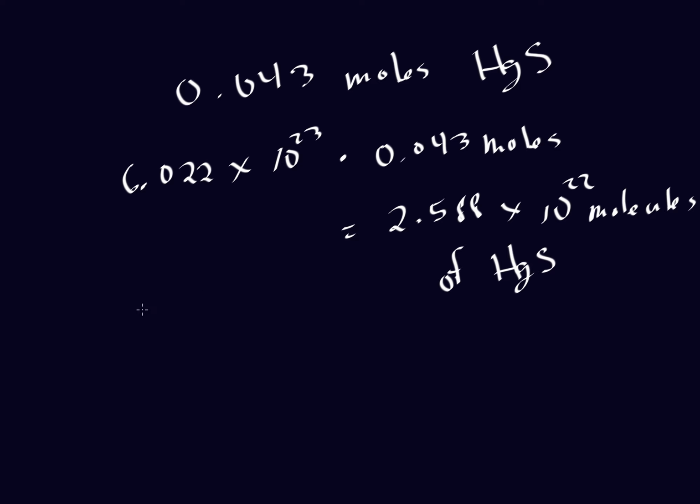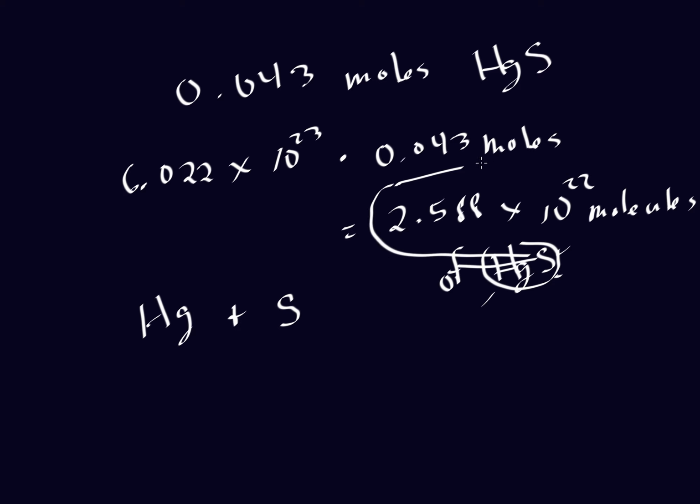Now, what about the number of individual mercury and sulfur atoms? Every formula has one of these and one of these. So if there are 2 atoms per formula unit, then the total number of atoms will be twice this number.